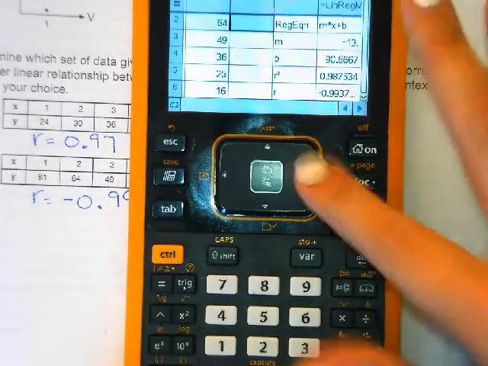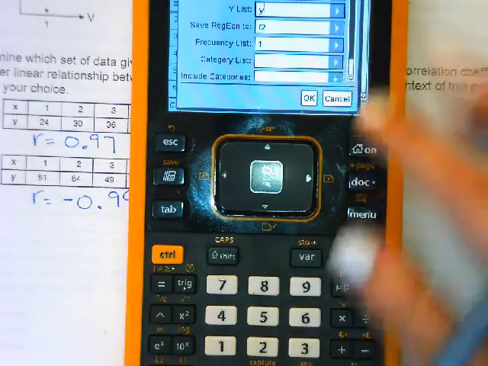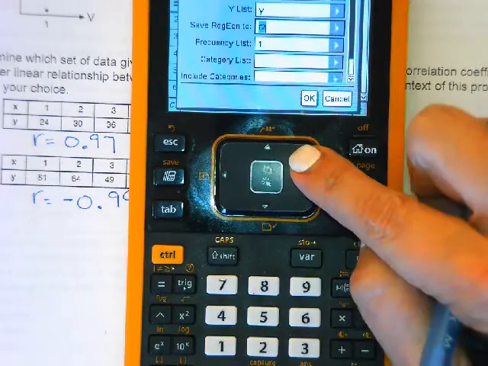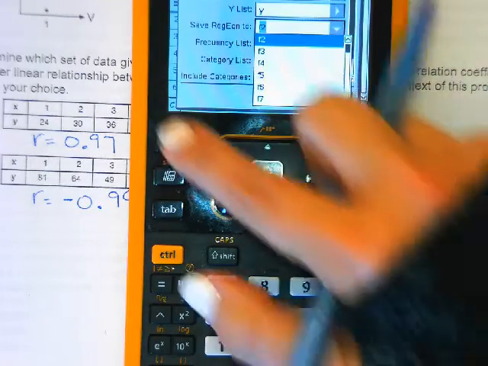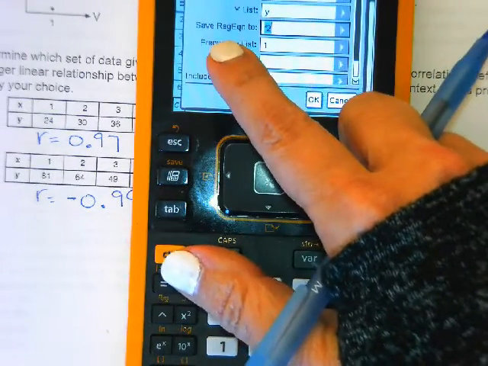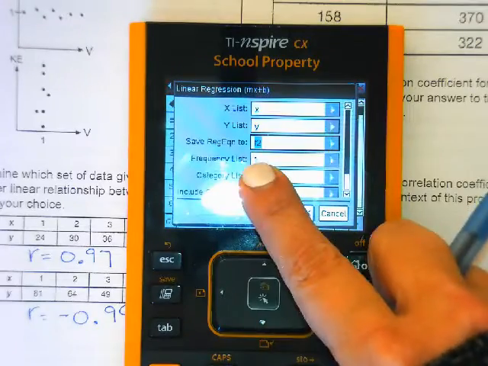Now I do want to show you one thing. When you went through and you did menu 4 1 3 and you put in your X and your Y, do you see this little space right here where it says save regression equation, and it's going to put it in F2.